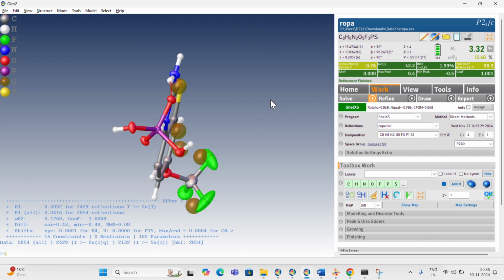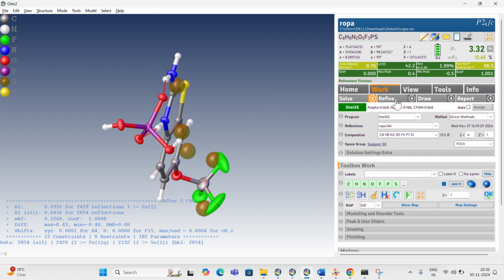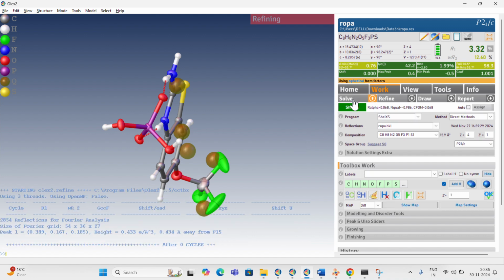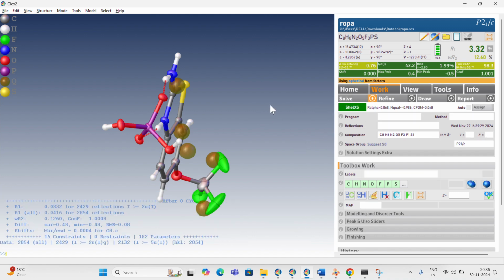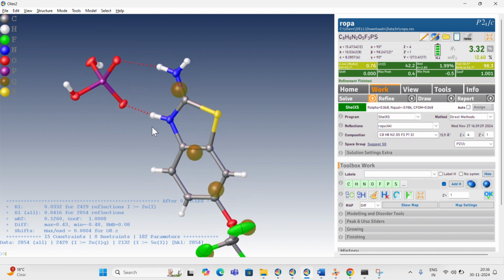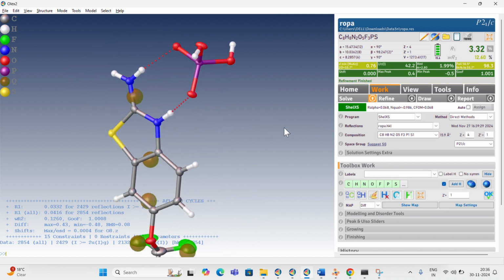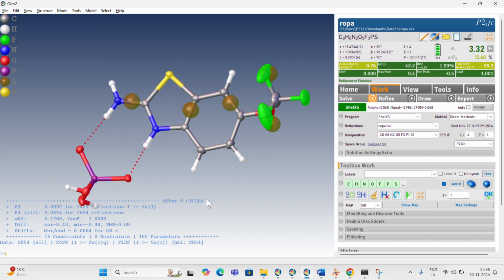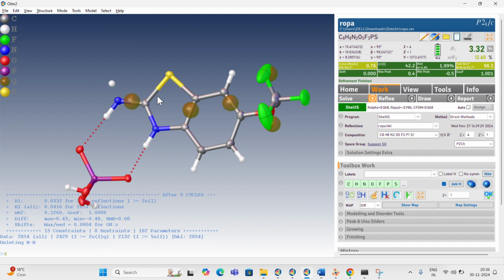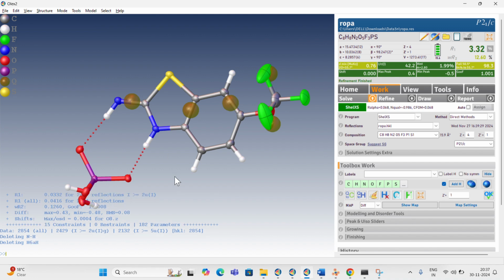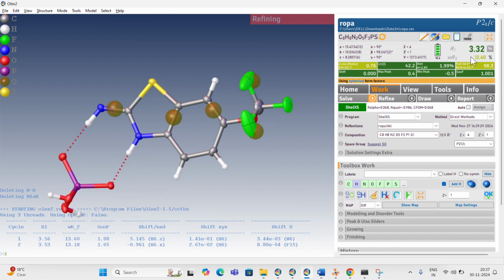And the R factor, we can use the refine to see the R factor of the structure, and it is coming out to be very less. And also this is an extra hydrogen, so we can delete it, and this will decrease the R factor.